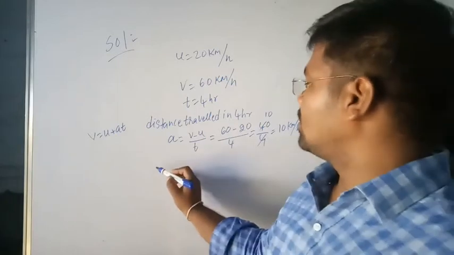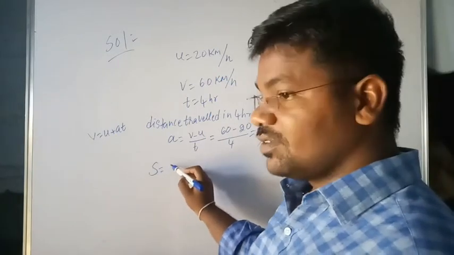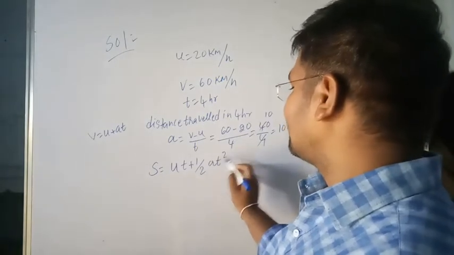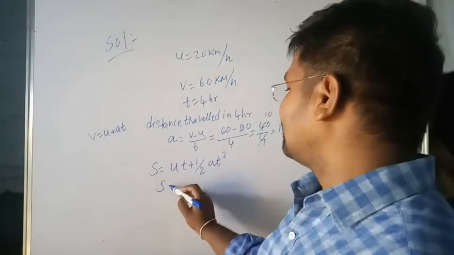We know the formula s is equal to ut plus 1 by 2 at square.